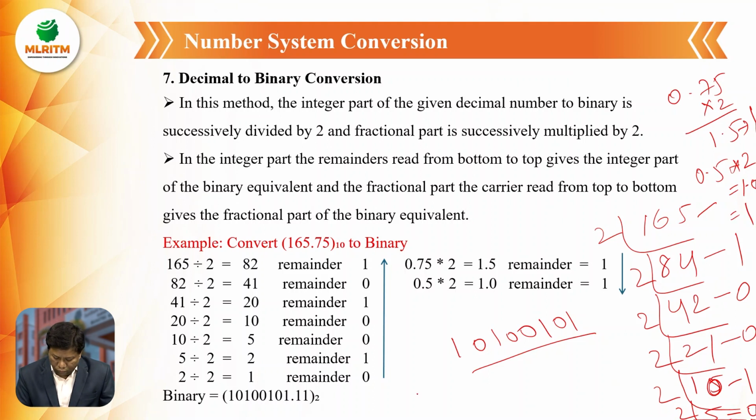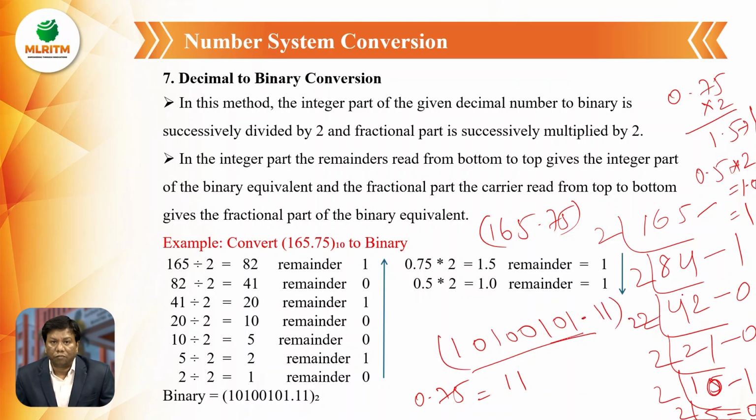The final result for 0.75 is 11. So the final result is 10100101.11 to the base 2. This is the final result for binary.